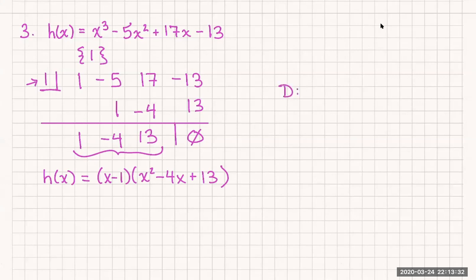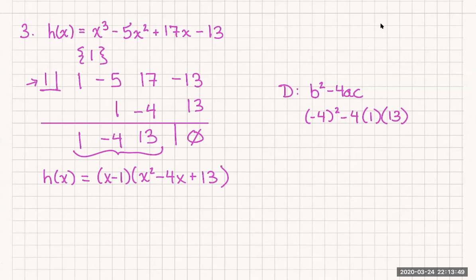Okay, the discriminant, b squared minus 4ac. So b in this case is -4 squared minus 4 times a, which is 1, times c, which is 13.